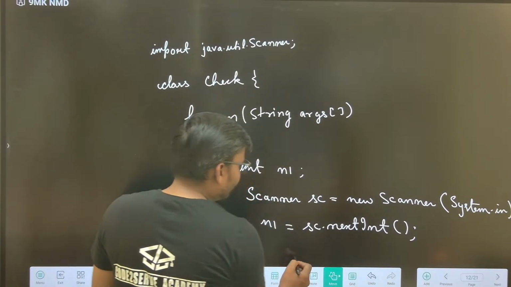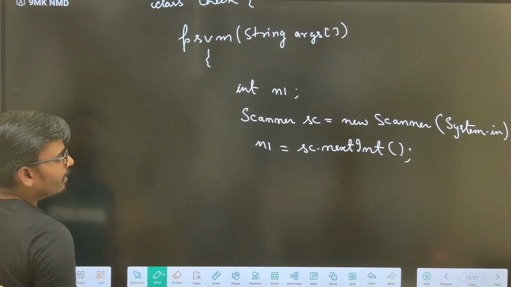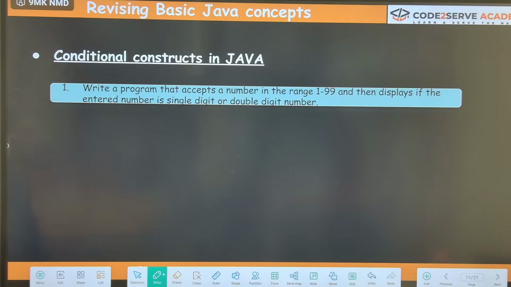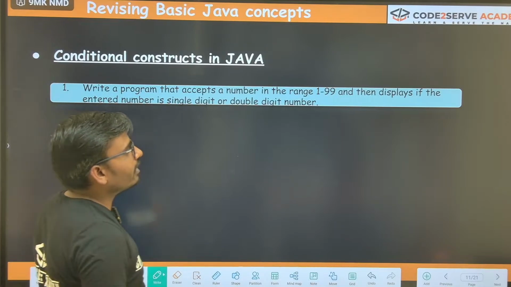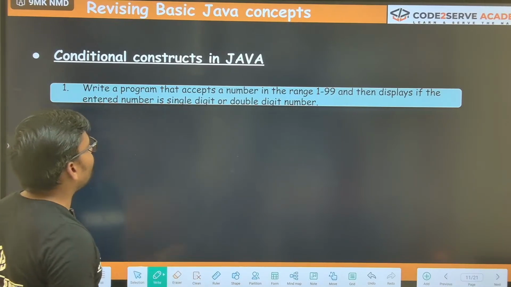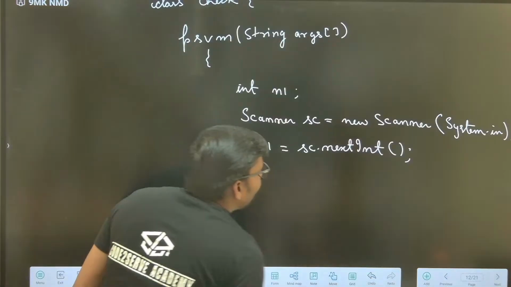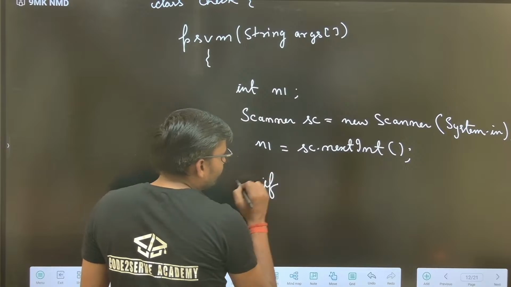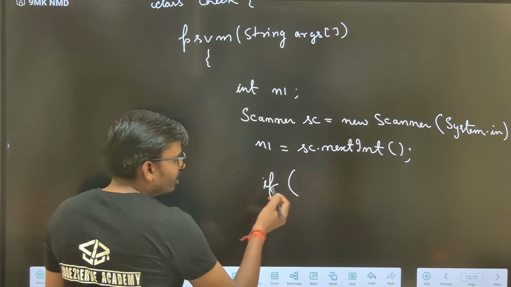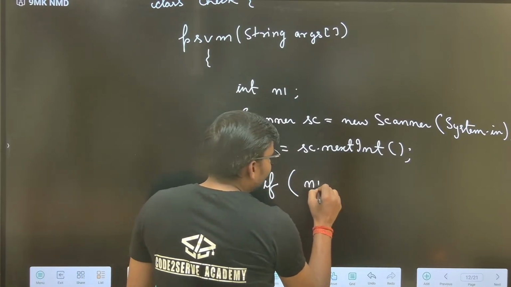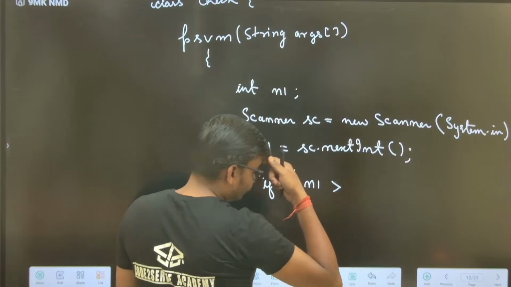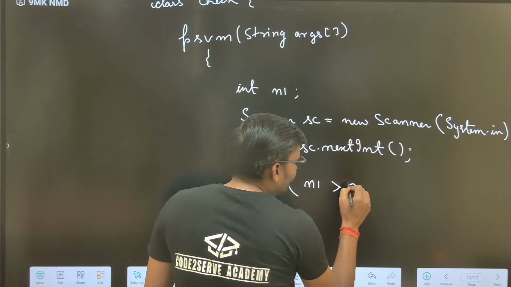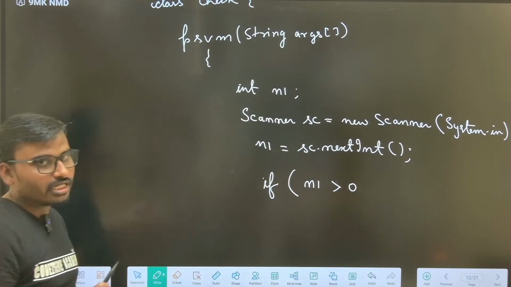Now what we'll write, range from 1 to 99, accept a number in the range 1 to 99 and display if the entered number is in single digit or double digit. Okay, so here we'll see, if n1 is greater than 0, that is 1 is allowed up till 99.